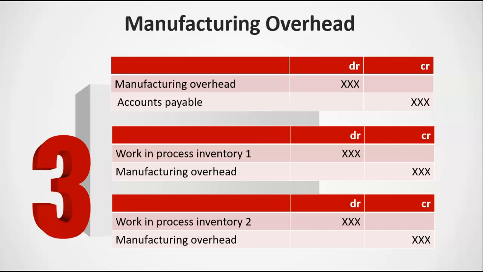As for the applied amount, what we do is we credit the manufacturing overhead account and debit the respective work in process inventory account. So for department 1, we debit work in process inventory 1. And for department 2, we debit work in process inventory 2.